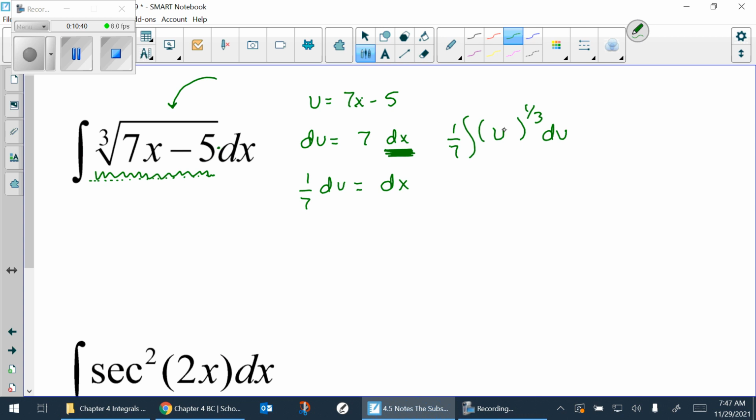It's u to the 1/3. And so what we'll end up with here is 1/7 of u to the 4/3 times 3/4 plus c.